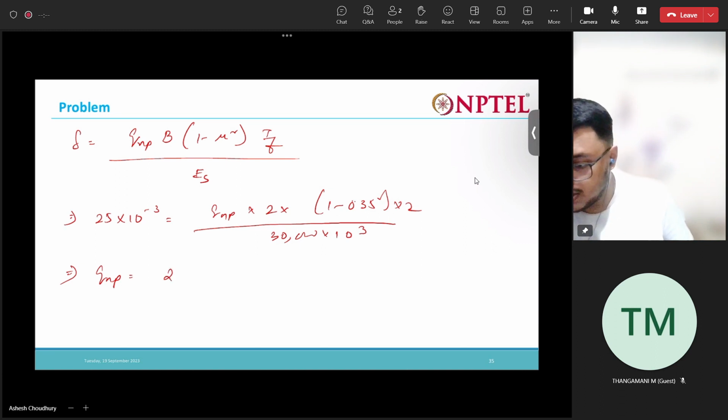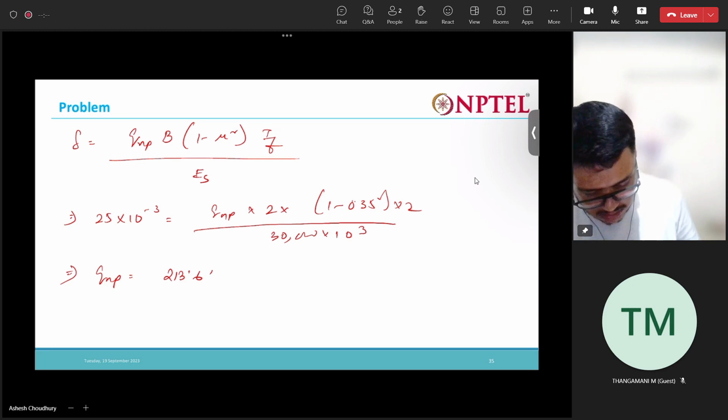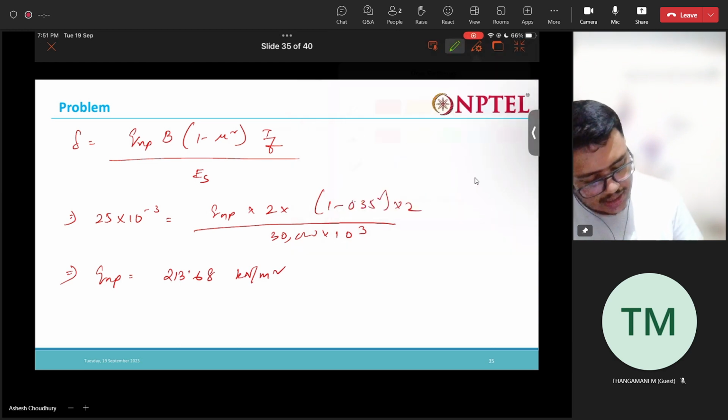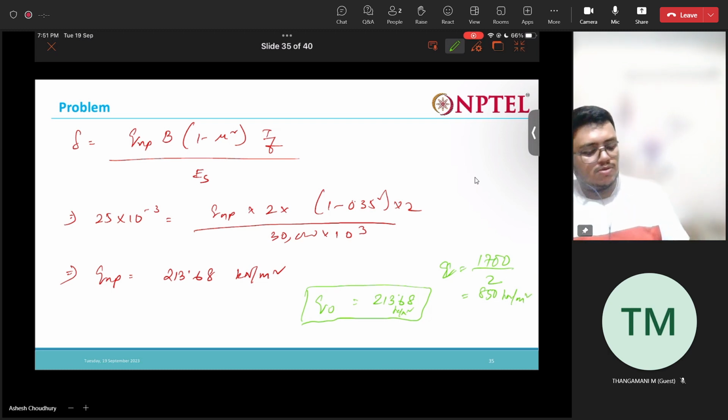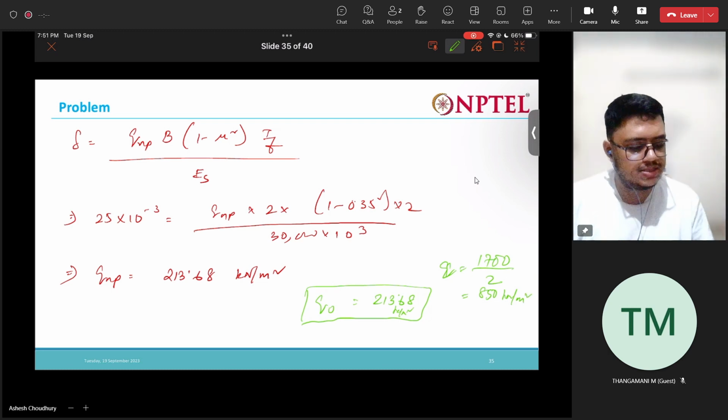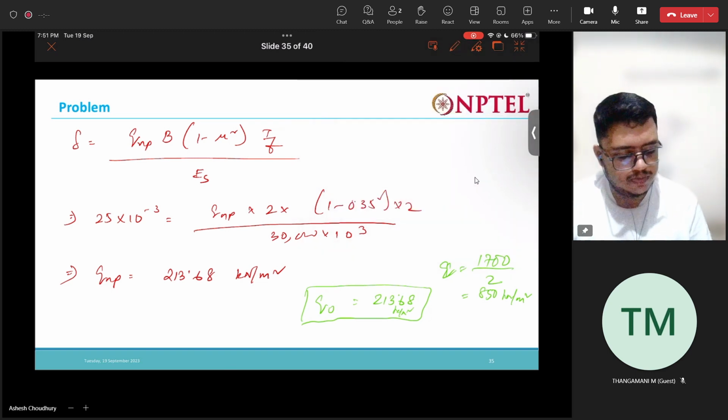It's 213.68. So what will be our q naught now in this case? And what is our q? q is 1700 divided by 2, which is 850, because the width you are now considering is 2.